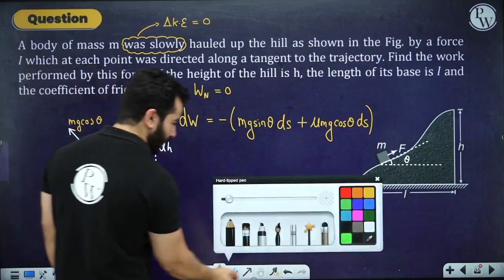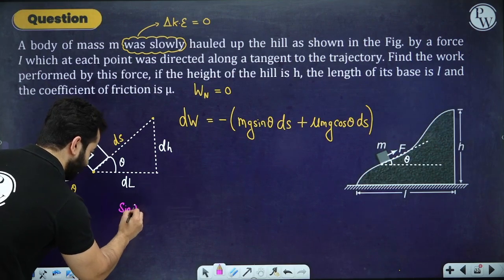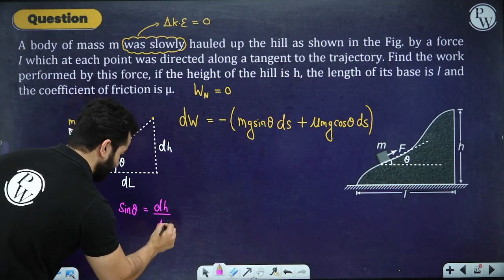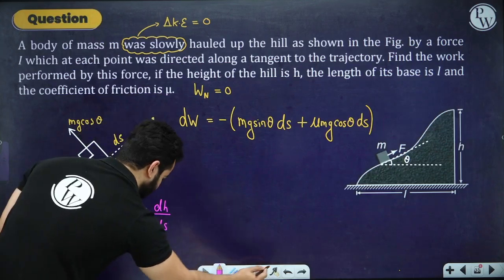Now please see over here that sin theta is nothing but perpendicular dh upon ds. So dh can be written as sin theta ds.